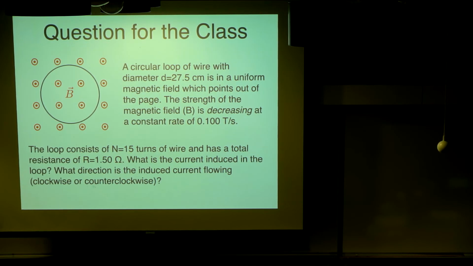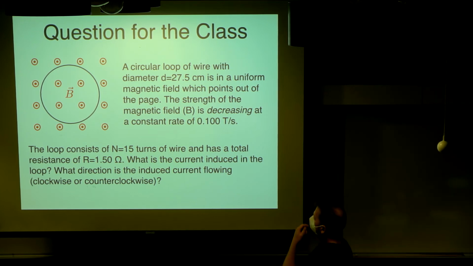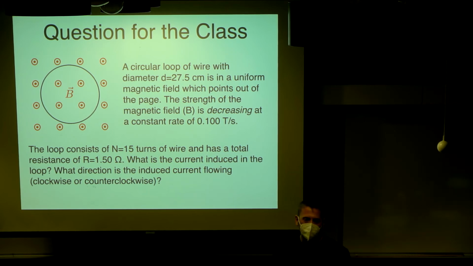I want you to try this out. Okay, take a minute to work on this one. So you have a circular loop of wire, and the diameter, by the way, of that loop is 27.5 centimeters. It's inside of a uniform magnetic field, and the uniform magnetic field is coming out of the page. Let's say that the strength of this magnetic field is decreasing at a constant rate.